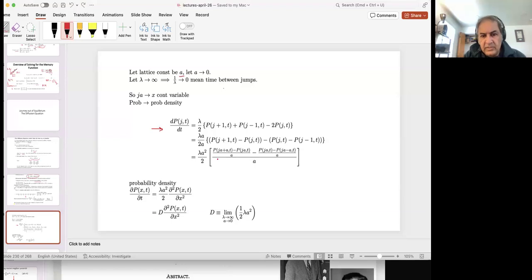And because now this is a rate that you have to measure, it is divided by the lattice constant a here explicitly and by a here, and then you divide the whole thing by a. So in other words, you are now writing in effect the double derivative that you have.